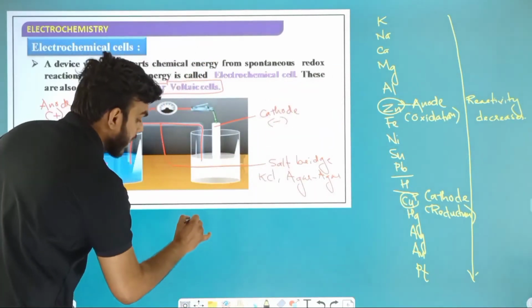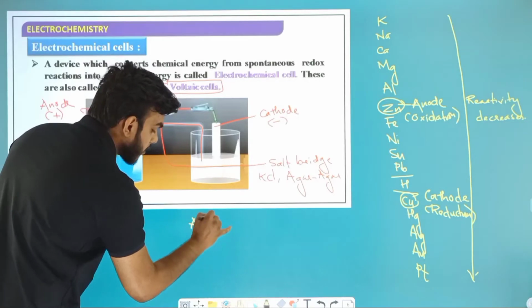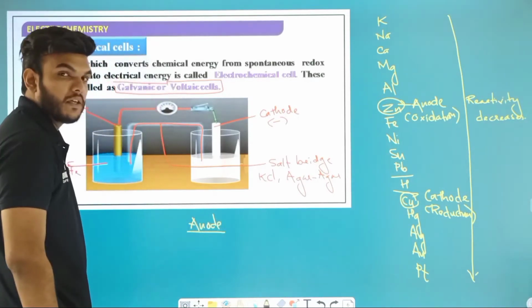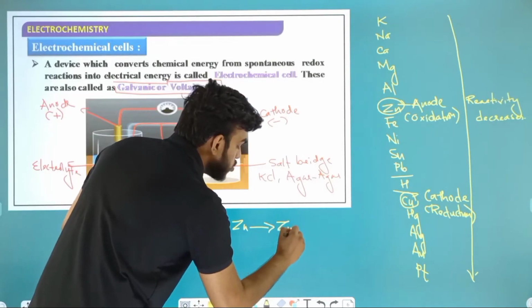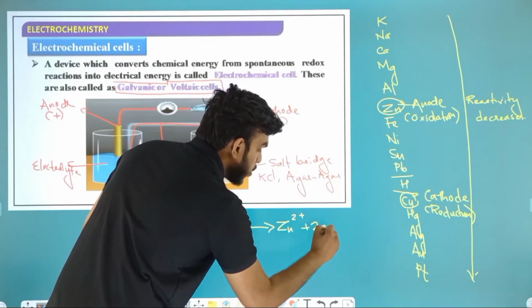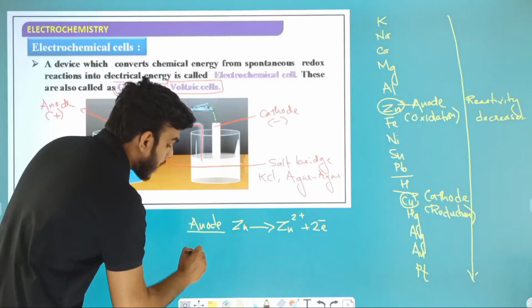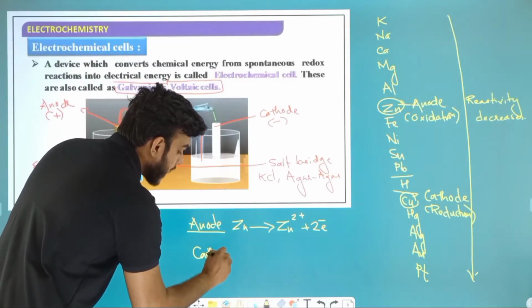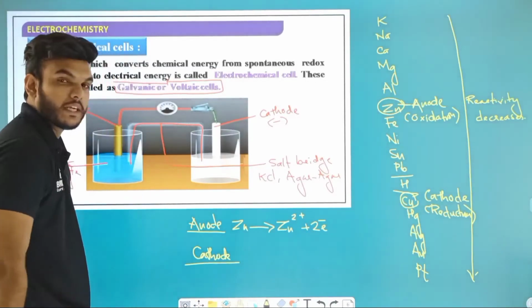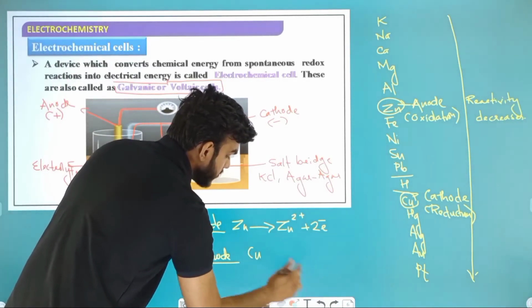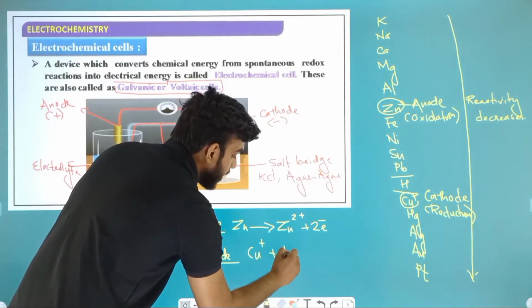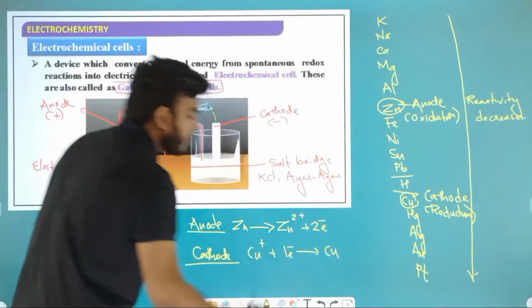So here at the anode, what is happening? That is loss of electrons. Zn gives Zn2+ plus 2 electrons. And what is happening at the cathode? Cathode will always undergo reduction. That is Cu2+ plus 2 electrons gives Cu.